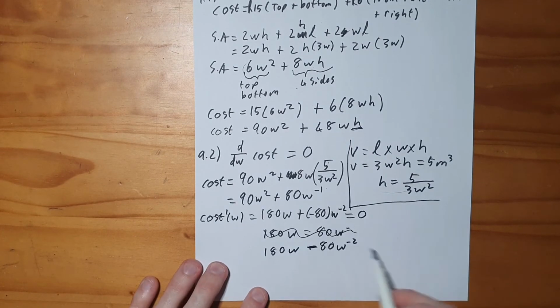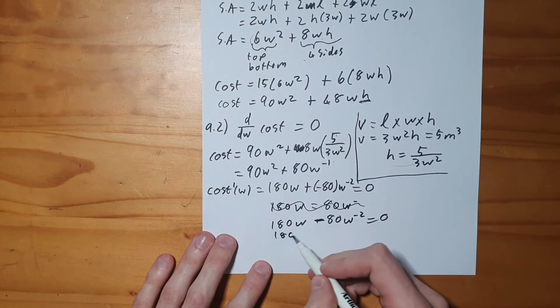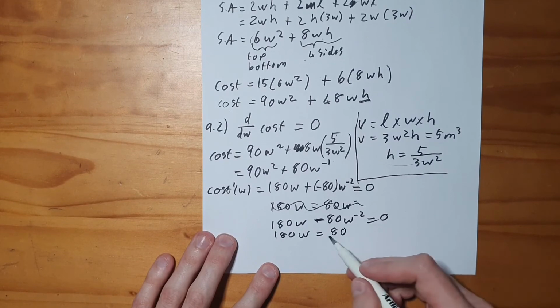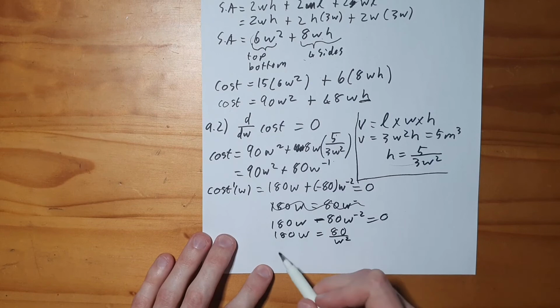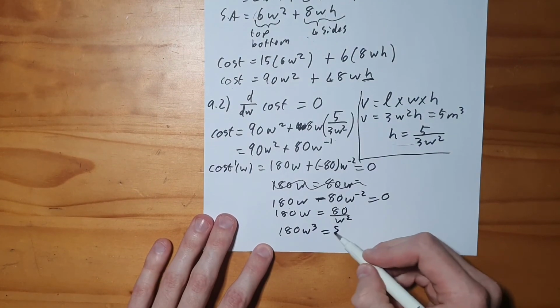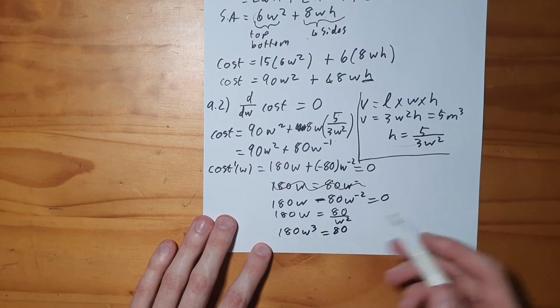We can then take that over, which then gives us the following. So we'll have 180w equals positive 80 over w squared. We can times that across to give us 180w cubed is going to equal 80, which means we divide this by 180 and take the cube root.